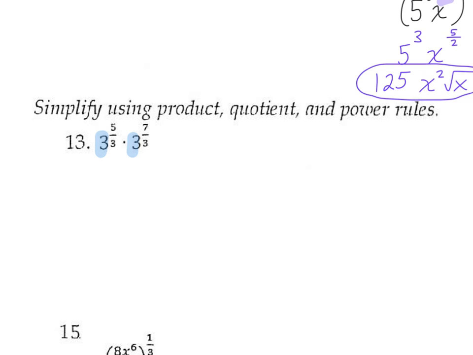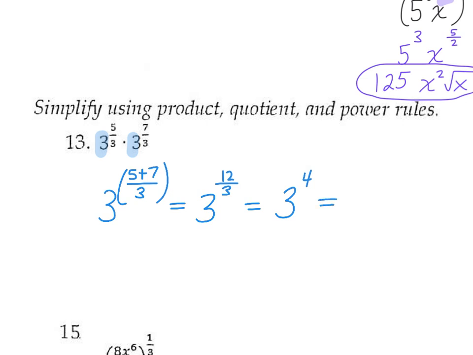So we can rewrite this as a single base 3 raised to the 5 plus 7 over 3 power. Now that's not super clean, so let's rewrite that. We know that 5 plus 7 is 12, and we can simplify that fraction. 12 over 3 is the same as 4. And 3 to the 4th power, we can figure that out. 3 to the 2nd is 9, to the 3rd is 27, and to the 4th is 81.